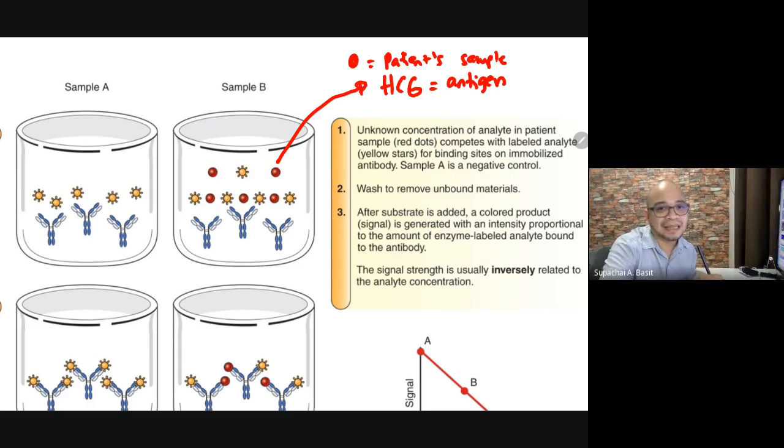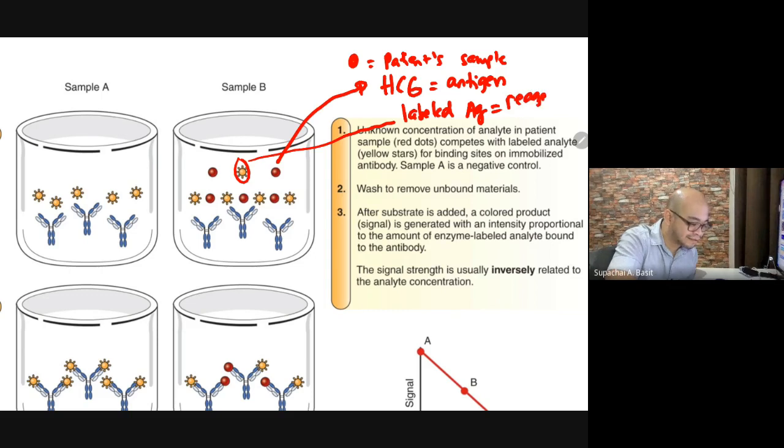And then the yellow stars, the ones that you see here, this is the labeled antigen. And the labeled antigen comes from the reagents. It comes from the manufacturer. Okay, let's say for sample A, the patient is not pregnant.